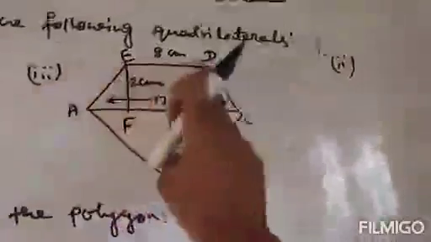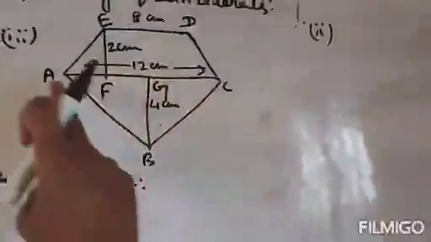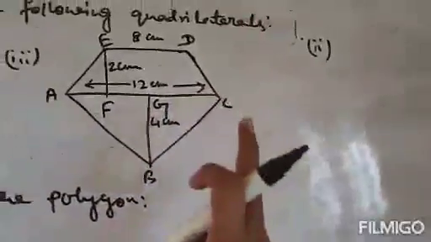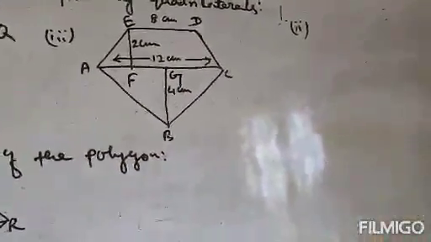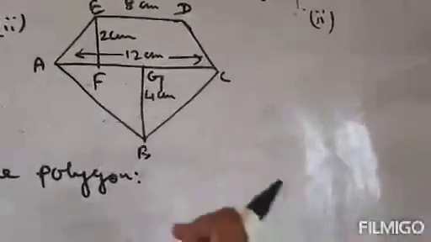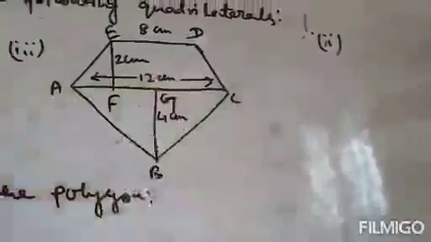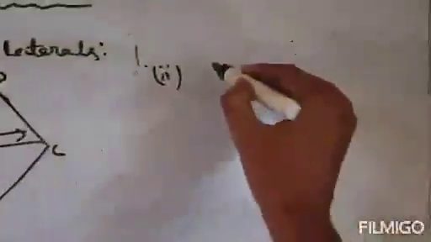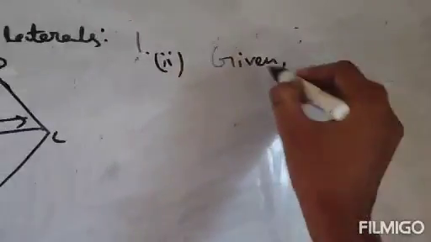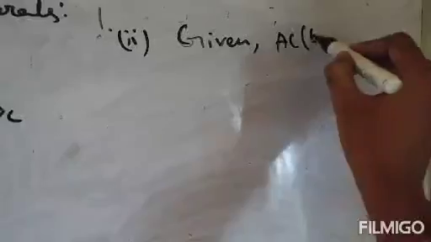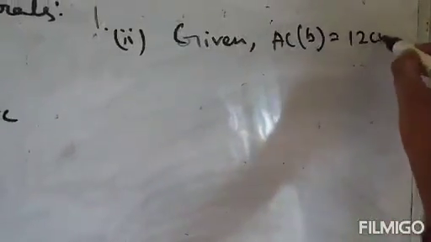So just write here, the area of triangle ABC is 1 by 2 into base into height, that is the formula. The height is GB, given as 4 centimeter, and the base AC is given as 12 centimeter.